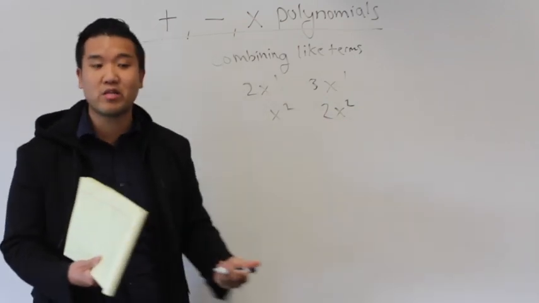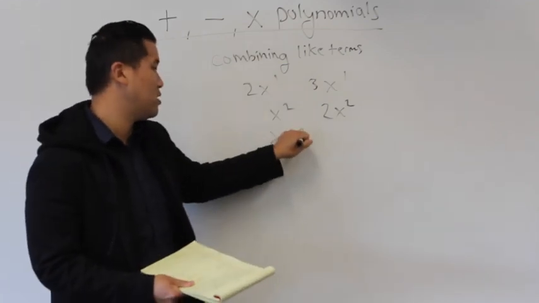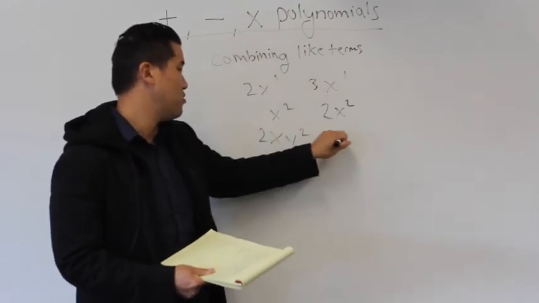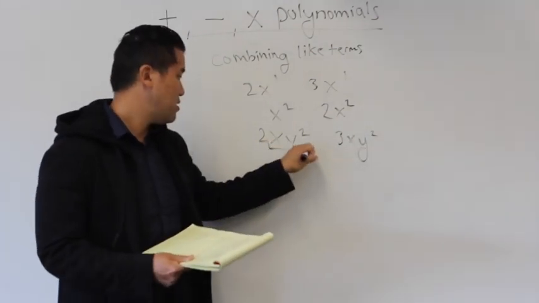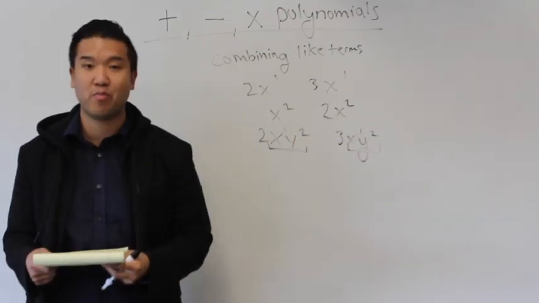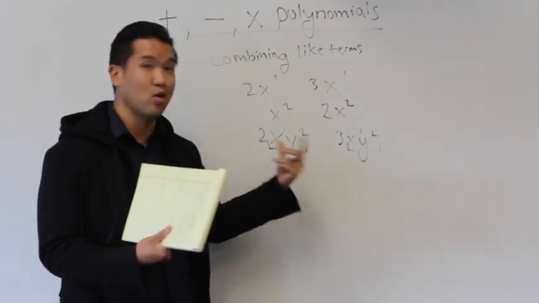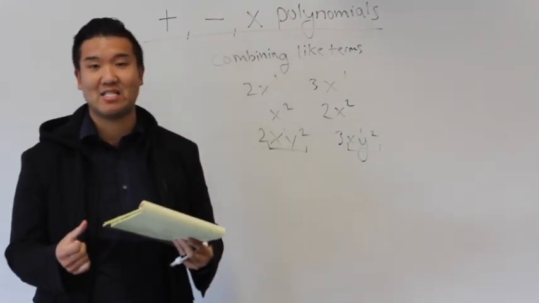You could use any other variables, you could use y, you could use z. You could even use xy squared and 3xy squared, right? Because they have x to the 1 power and y to the second power, we can say they're like terms. So your goal is to combine these guys together.